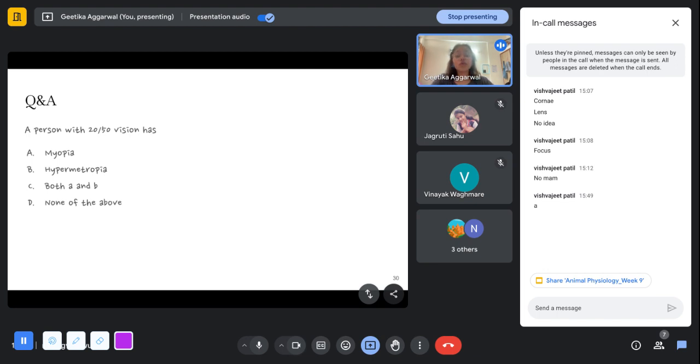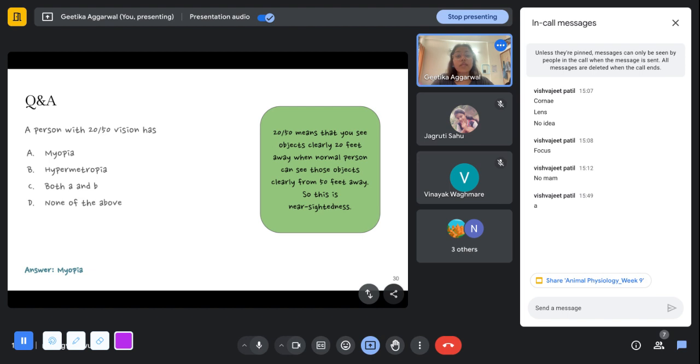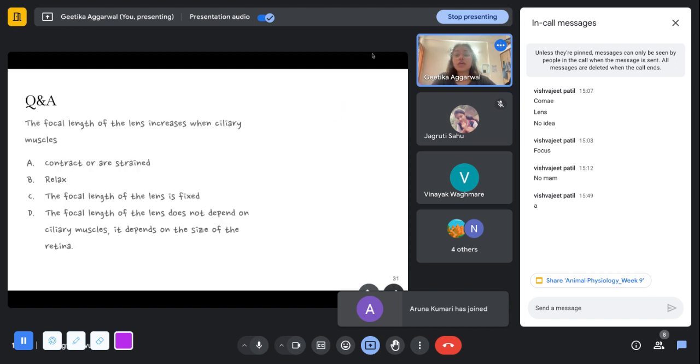Correct, it is myopia. When they say 20 by 50, it means that person can view objects clearly from 20 feet away when a normal person can view those objects clearly from 50 feet away. So that person has nearsightedness, which is why it is myopia.